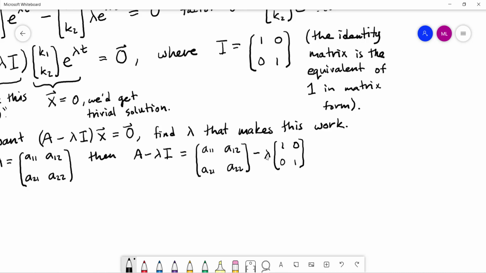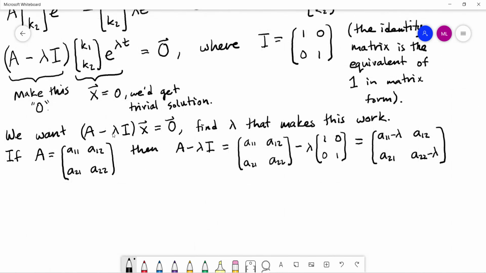But when I multiply the lambda constant through, it just turns those 1's into lambdas, and so we're just subtracting along the diagonals, and we wind up with this matrix. A11 minus lambda, A12, A21, and then A22 minus lambda. And that is the matrix that we're dealing with here.